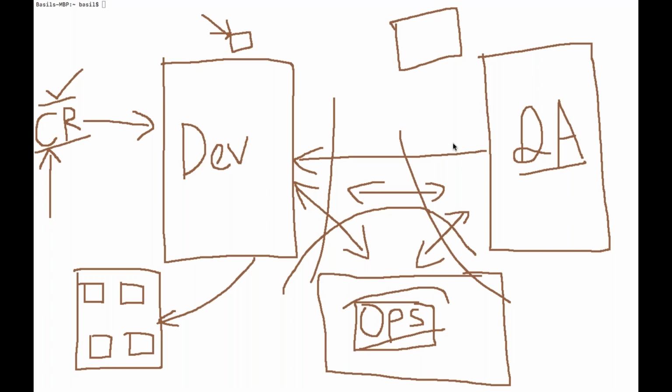Okay, guys. So let's talk about CI/CD, continuous integration and continuous delivery. Think about a change request that came to the development team, and a developer will take the request and start working on it.